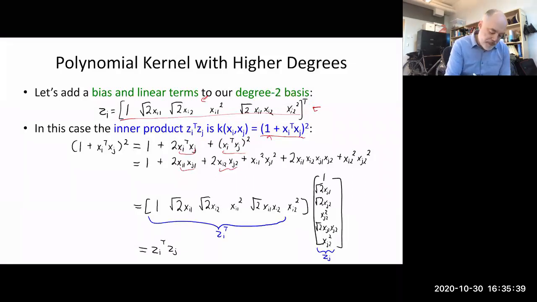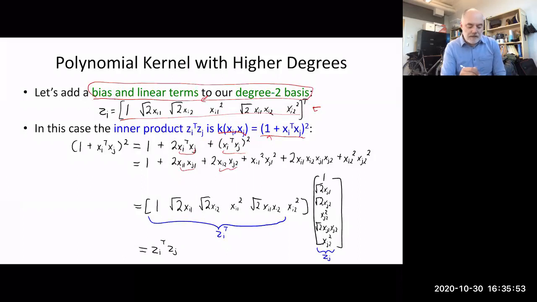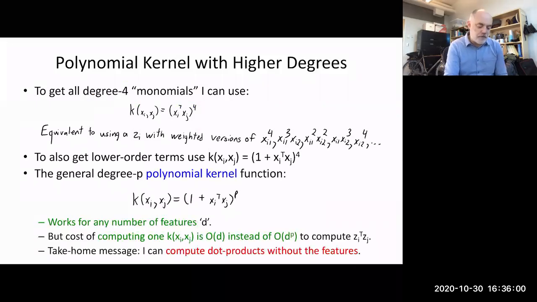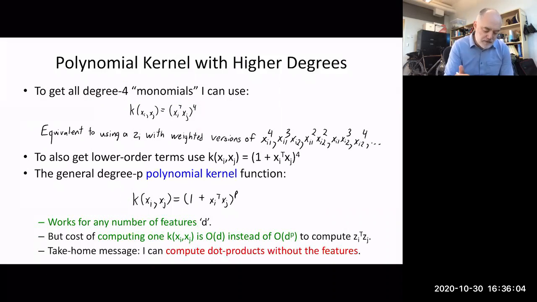So this kernel function computes the complete degree 2 basis via this right here. We won't go too much into the algebra, and we're not going to derive this, but you can work it out.